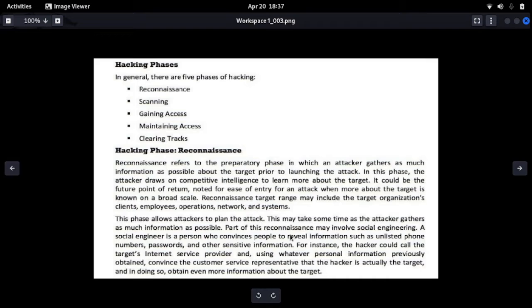So you see, in the reconnaissance phase, a lot of things are involved. A social engineer has to be there to partake in active information gathering. You can call the customer care.